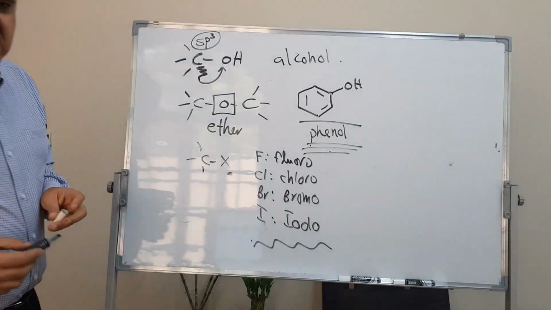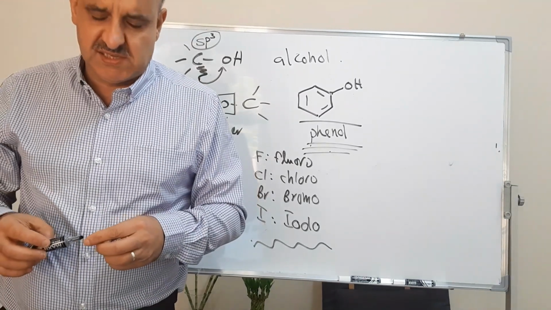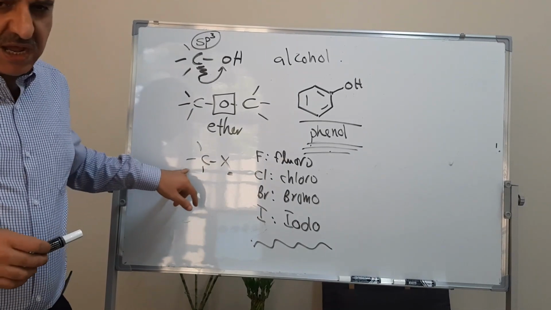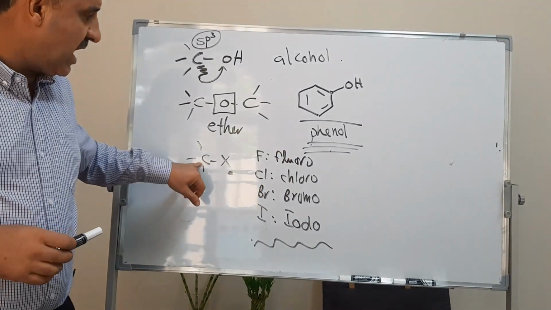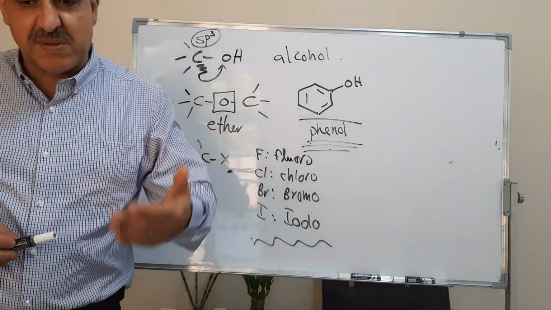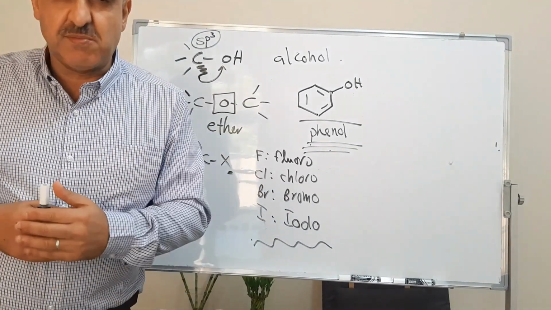So if the carbon is attached to any of these halogens, then we will call it alkyl fluoride, alkyl chloride, alkyl bromide, or alkyl iodide, depending on the atom it is attached to.